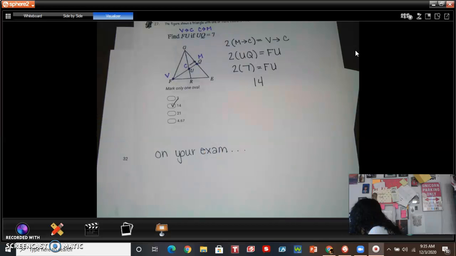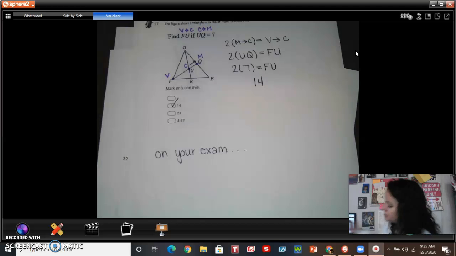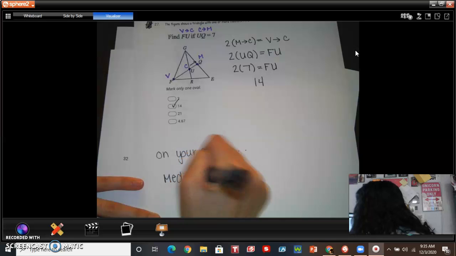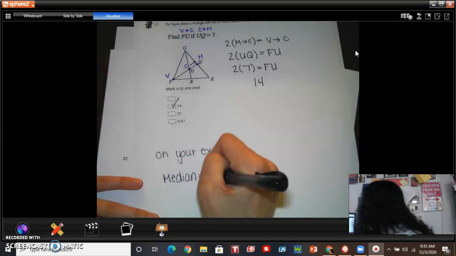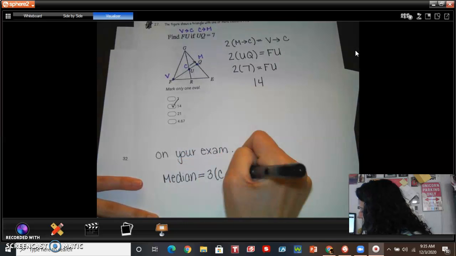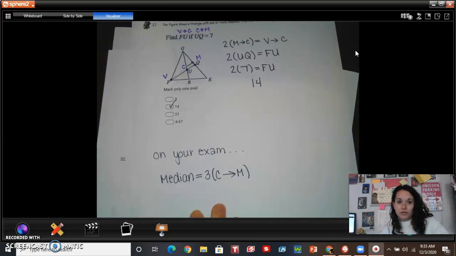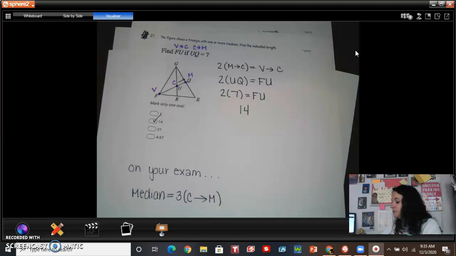Okay, so median, for example, if we're looking at this one up here, number 27, that would be like saying FQ is equal to 3 times UQ. Okay, all right, so that could help you, but this is the formula you'll actually use on the exam for 2 questions. Okay, you have 2 questions like this.